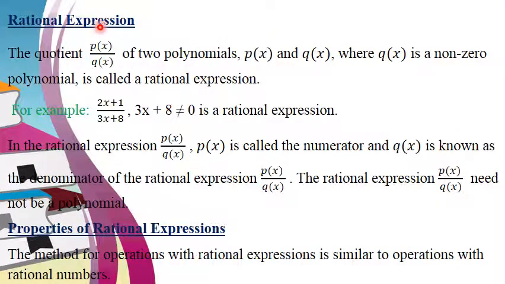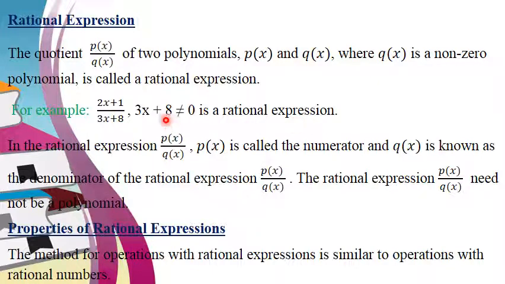Rational expressions. The quotient p of x upon q of x of the two polynomials p of x and q of x, where q of x is a non-zero polynomial, is called a rational expression. For example, 2x plus 1 divided by 3x plus 8, where 3x plus 8 should not be equal to 0, is a rational expression.